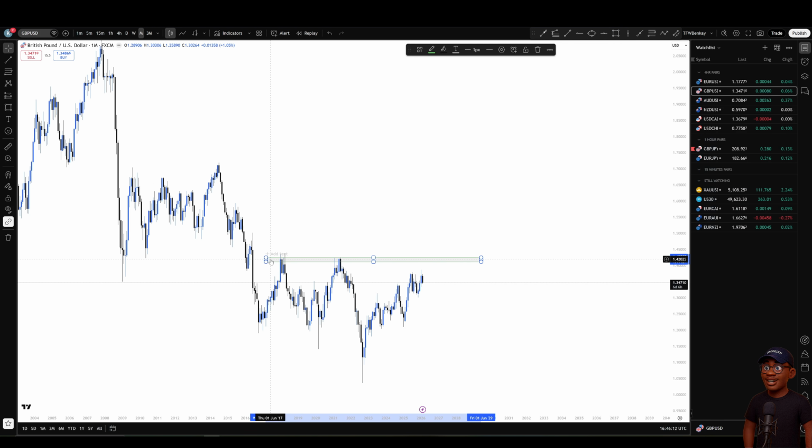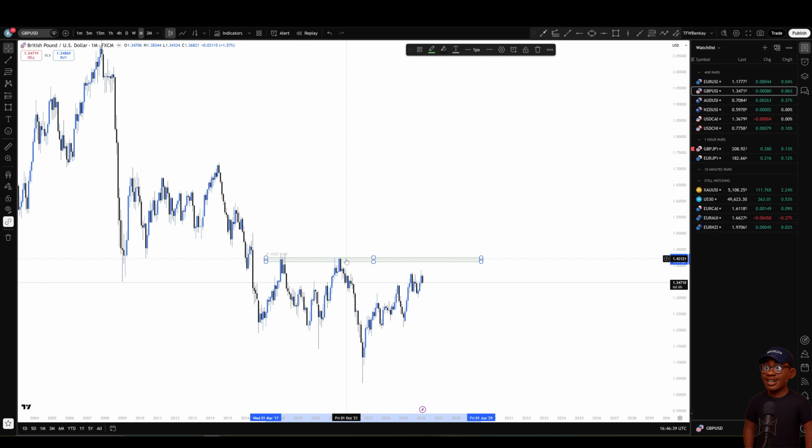All right, so we've been able to draw our resistance right at this area, because we have two peaks. When it got here it stalled, it got here at this point also, and its price also stalled again. So this definitely qualifies as a resistance point.